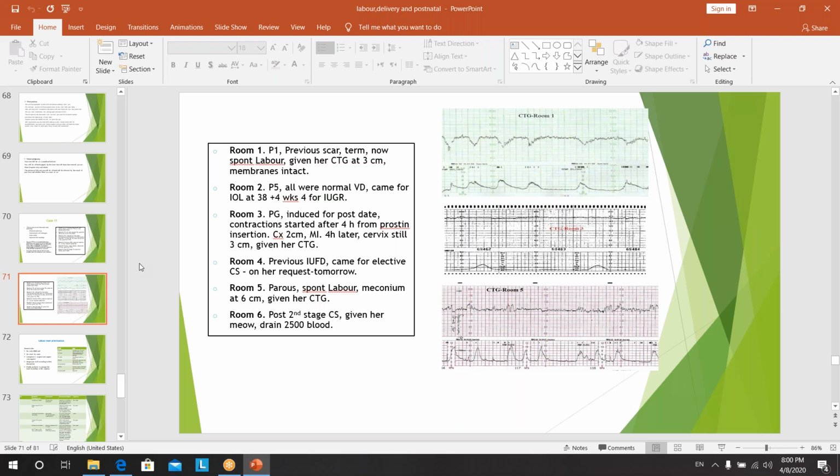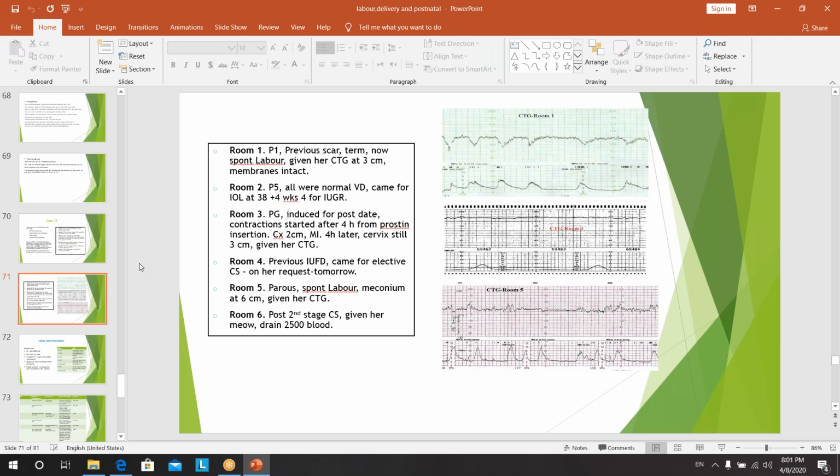So given the staff I have, I would request the consultant anesthetist to go to room 6. And then I will inform my consultant to be with me because we have 2 urgent cases. I will myself go to the previous cesarean, and the senior midwife I will send, we have 4 midwives.